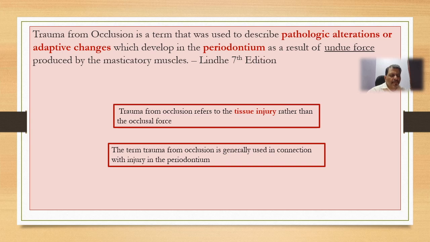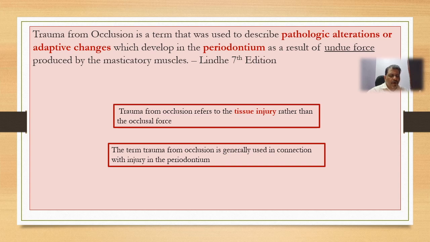So primary and secondary occlusal trauma are injury that occurs to the periodontium, where either an increase in the amount of occlusal forces or the occlusal forces that are not increased but are brought to bear on an abnormal periodontium, wherein the periodontium is compromised by periodontal disease, causes tissue injury.